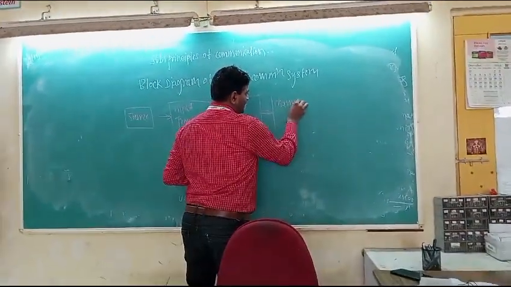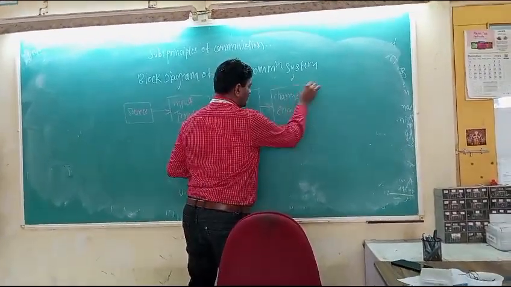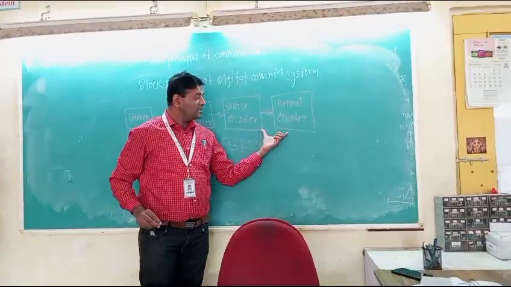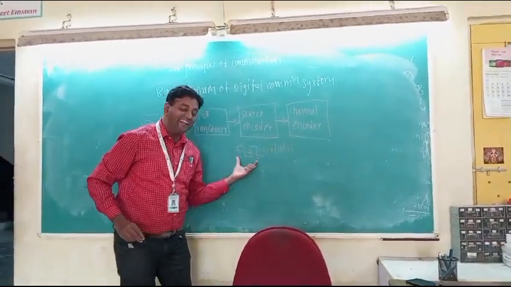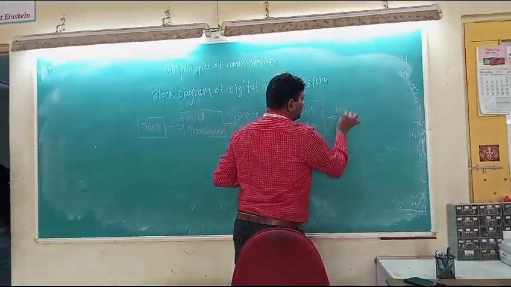This is the channel encoder. The channel encoder adds error checking techniques by adding redundant bits into the binary digits, and after that the data goes towards the digital modulator.